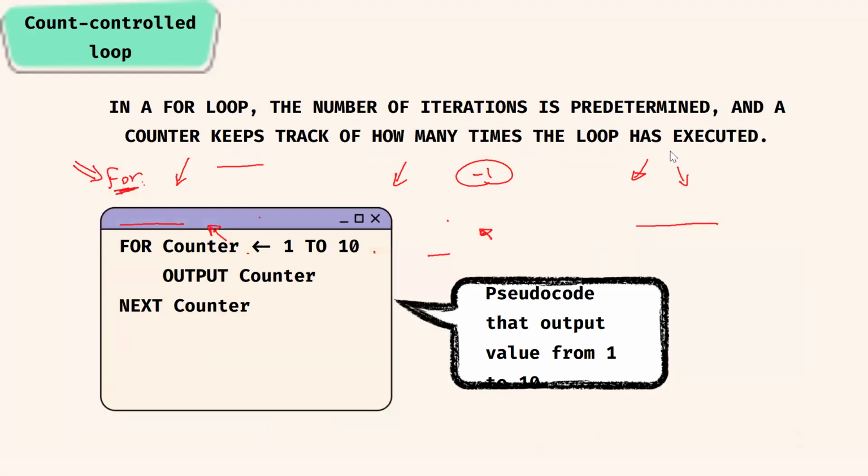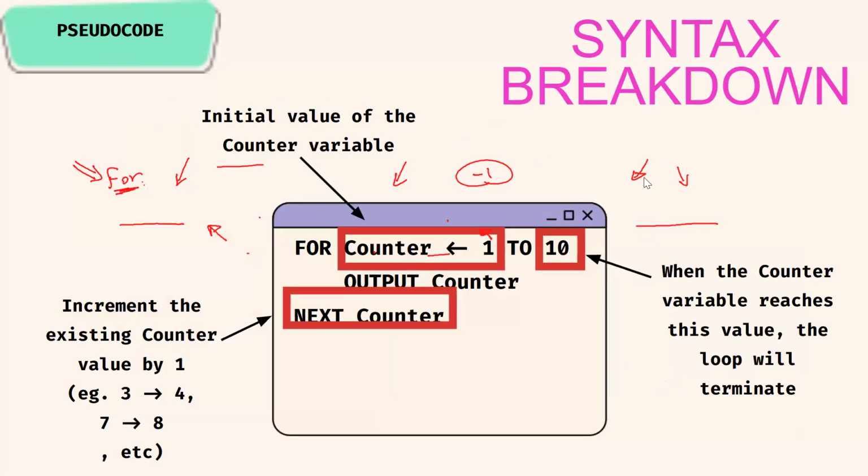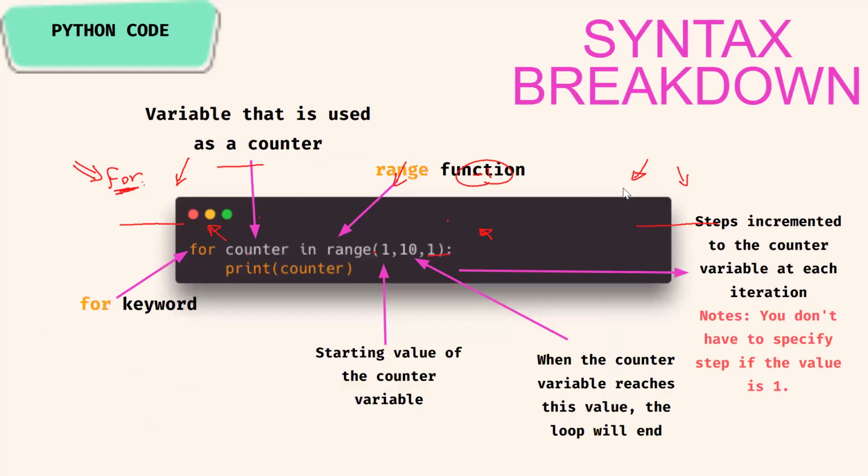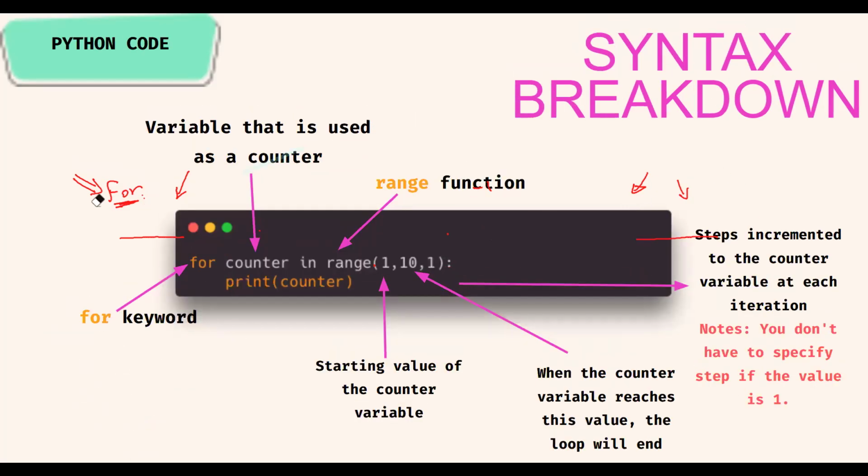But when we talk about programming, definitely we need to look at code. So if you see here, this is the count controlled loop. This is how it looks. Did you ever see a for loop in Python before? No, I've never.